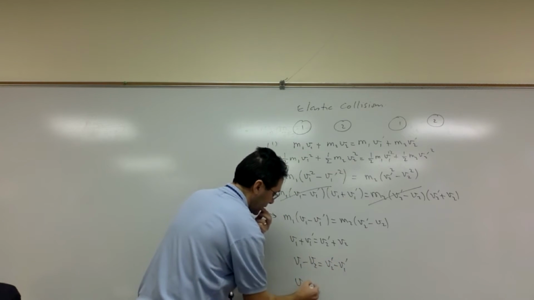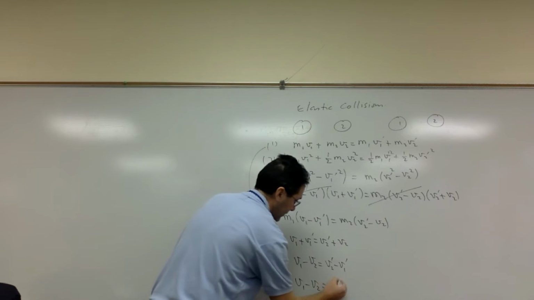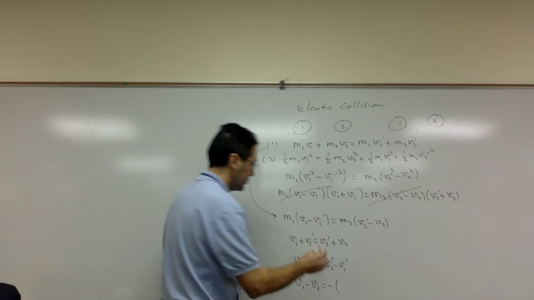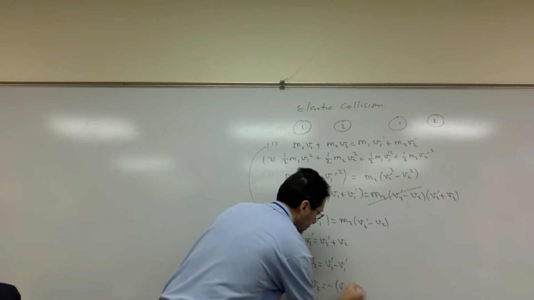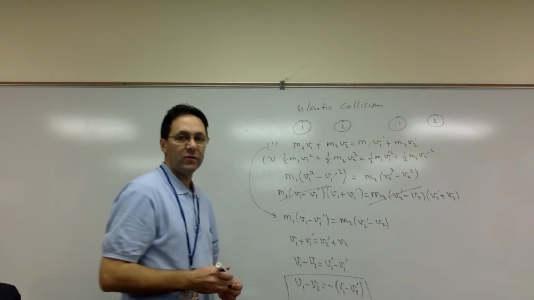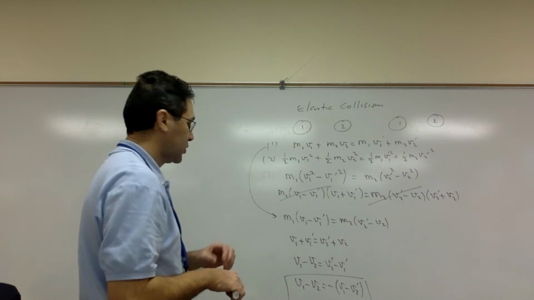Sometimes you see it written like this, negative, so that there is an order, so we put object 1 before object 2. Now this is powerful, and it's only true if you're doing problems in one dimension.